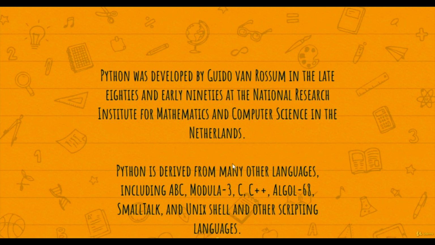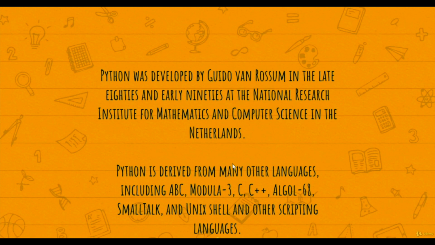To give you more context about the history of Python, Python is now maintained by a core development team at the institute. Although Guido van Rossum still holds a vital role in directing its progress, it's being developed by the main team right out there. Python is derived from many other languages. You might have heard about Algol 68, which are the languages that we used to have in the early 90s or early 2000s.